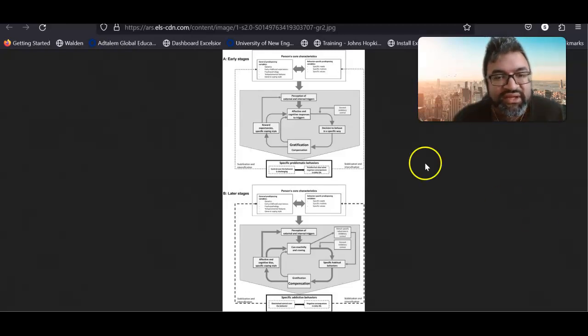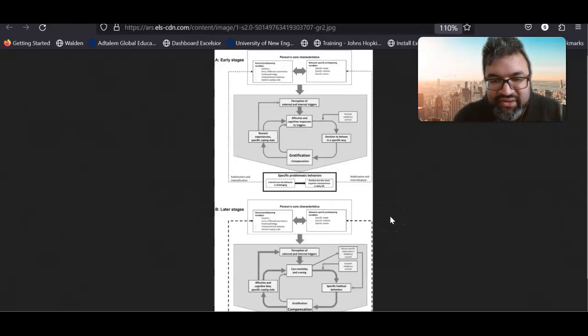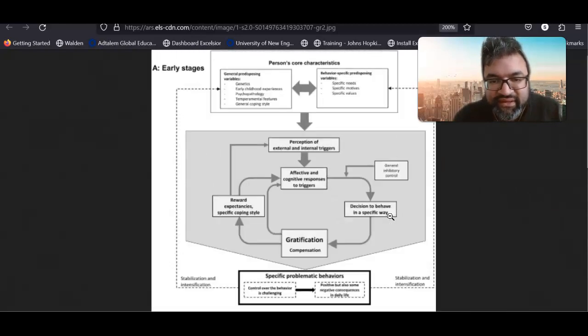So taking a look at this here, you can see that in the early stages there is affective and cognitive responses to triggers, decision to behave in a specific way, and that leads to gratification and compensation. So the reward expectancy specific coping style changes, and this is a cycle, affective and cognitive responses to triggers.